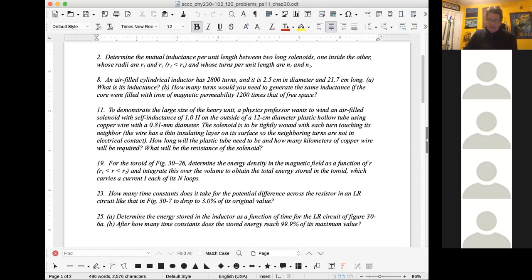So for the toroid of figure 30-26, that is on page 806, at the top left.